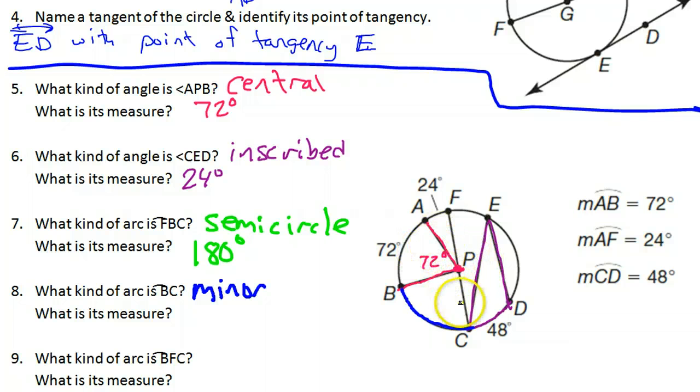Okay, but I know that the total here, because of the semicircle that we just spoke of, alright, so here is a diameter. So that means the total right here is 180 degrees. So I can just subtract 180 minus the 72 and the 24. Okay, so that is 84 degrees.